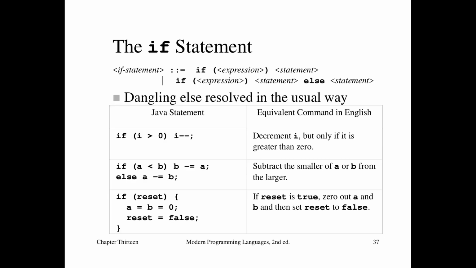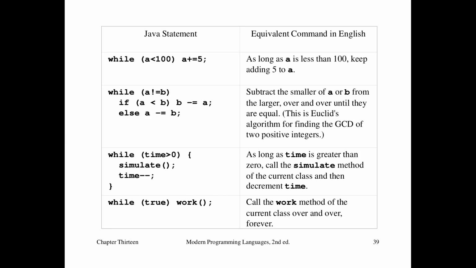Anyway, moving forward, the if statement. We have the if followed by parentheses with an expression that we're going to evaluate. If that expression is true, we execute the statement. On the other hand, we can have the if expression in parentheses, and if it evaluates true, we execute the statement. Else, if it's false, we then execute the next statement. It's pretty simple.